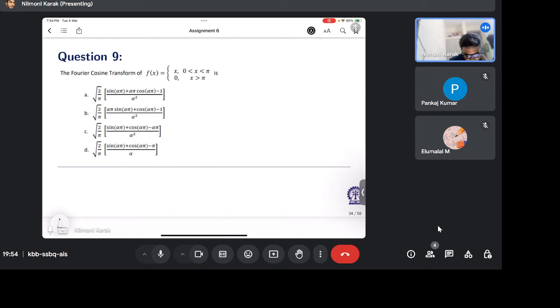Okay, so next problem. Fourier cosine transform. So your f(x) is x when 0 less than x less than pi, and 0 when x greater than pi.